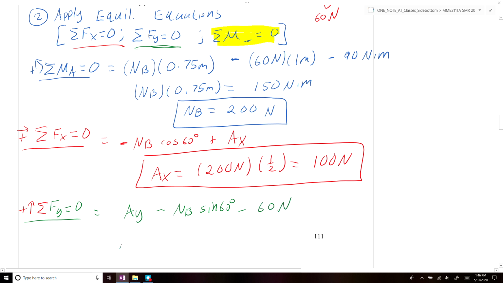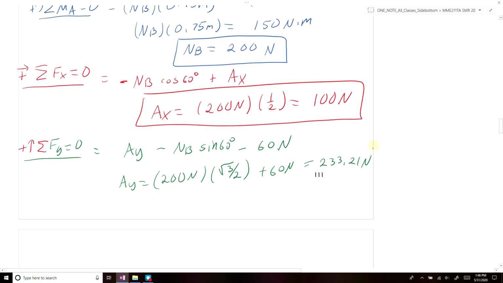So Ay is equal to NB, which is 200 newtons, times sine of 60 degrees, which is radical 3 over 2, plus 60 newtons. If we add this all up, it's equal to 233.21 newtons, and rounding to three significant figures, Ay is approximately 233 newtons.